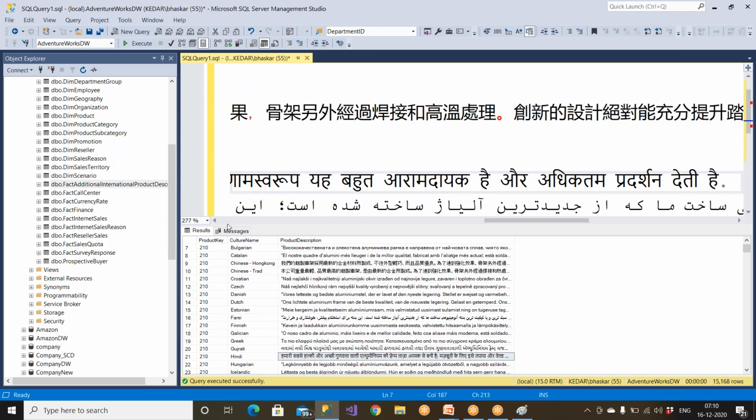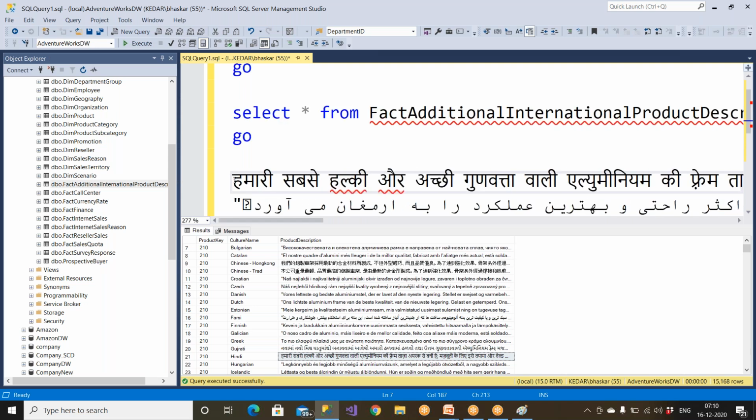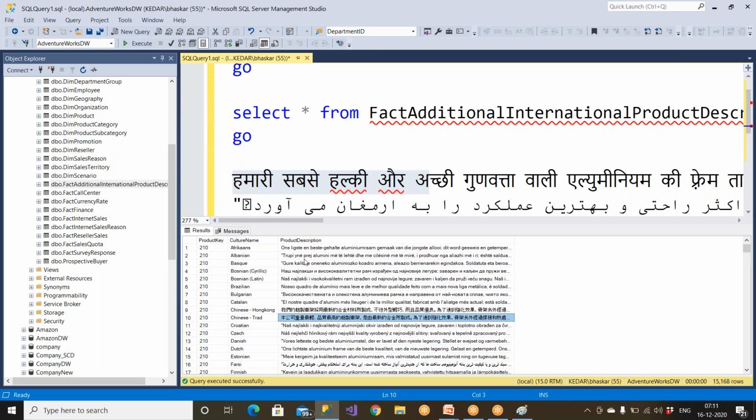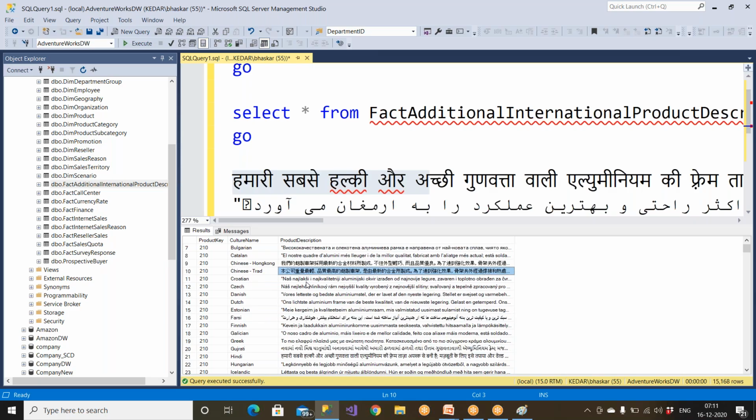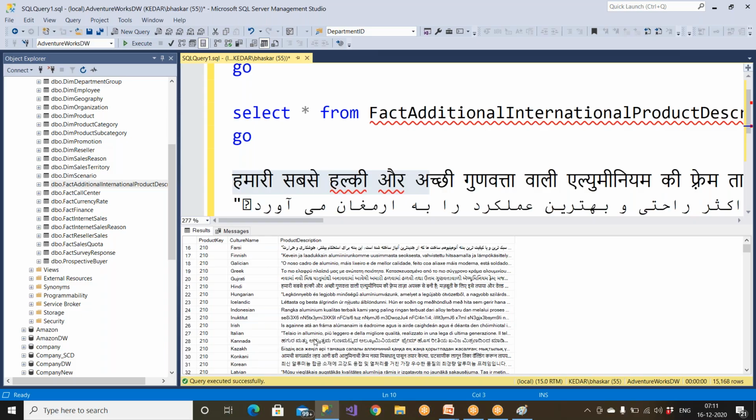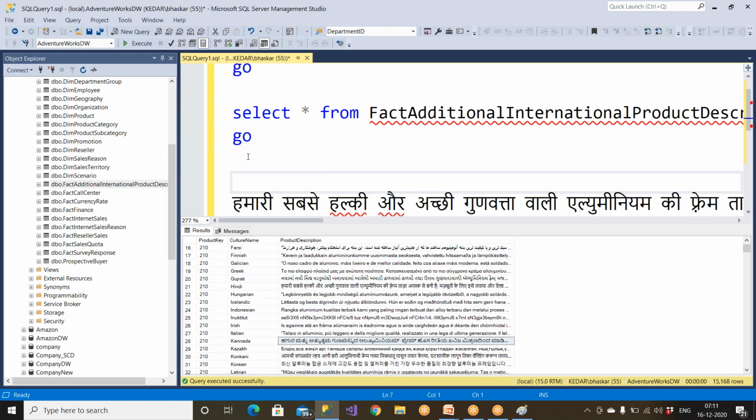I did not create this database, it was created by Microsoft. They wanted to show you how other data, including English, can be stored. Somewhere you have English data as well. So you can have English, you can have Chinese, and see now, it is one more language from India.